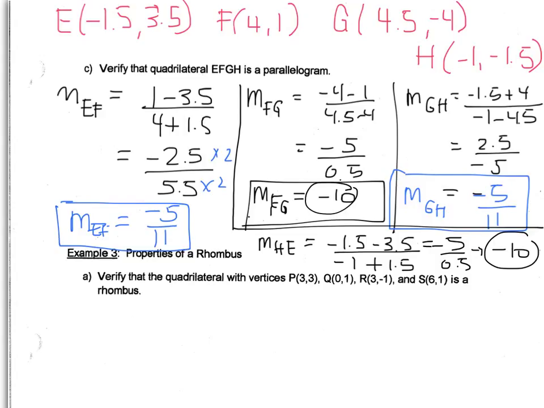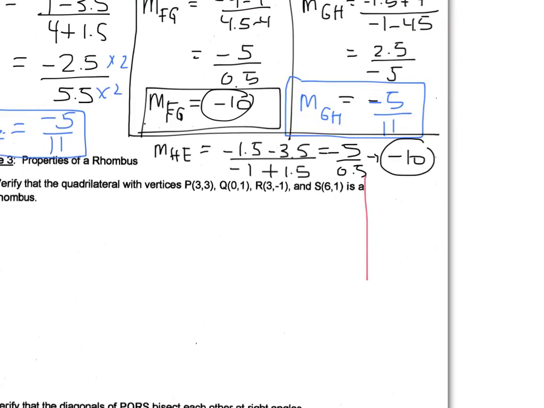Now I am definitely short on space in this question, but I'm going to sneak a little conclusion right over here. Let's say since the slope of EF is equal to the slope of GH and the slope of FG is equal to the slope of HE.